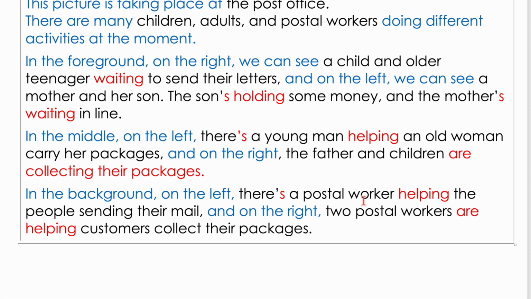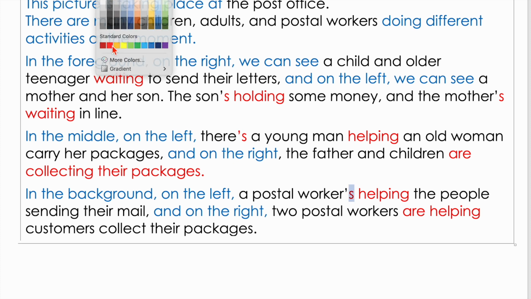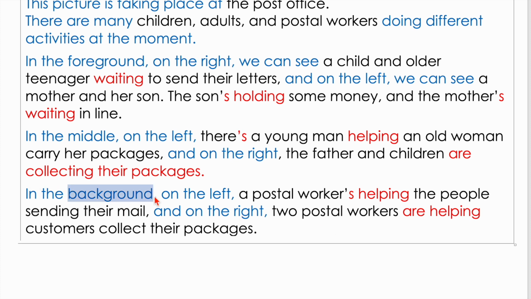Okay, and here we said there is. We can say a postal worker is helping. If we don't understand there is, we can say a postal worker's helping. Okay? Going to make some things that are easier here. In the background as well, we don't need to say background.